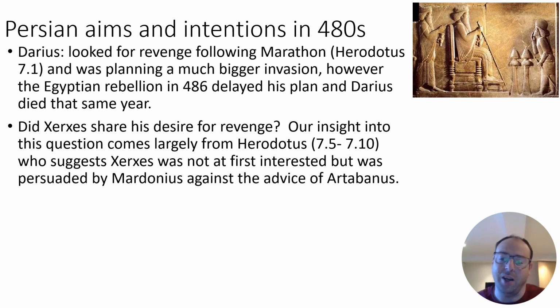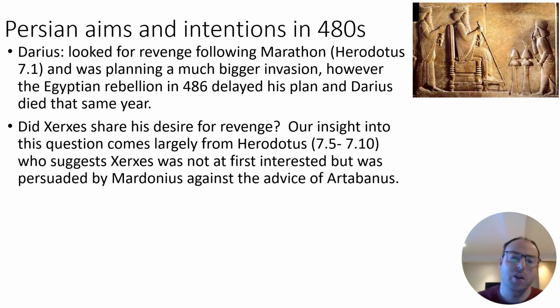So we get an insight into the Persian court through Herodotus, and this argument is played out in Herodotus, between chapter 7.5 and chapter 7.10. In this, we've got these different voices trying to persuade Xerxes one way or the other.